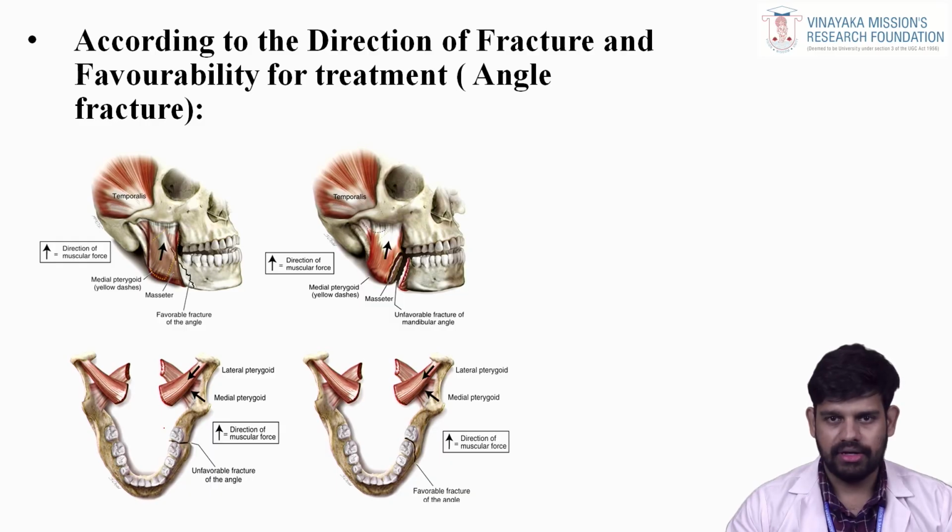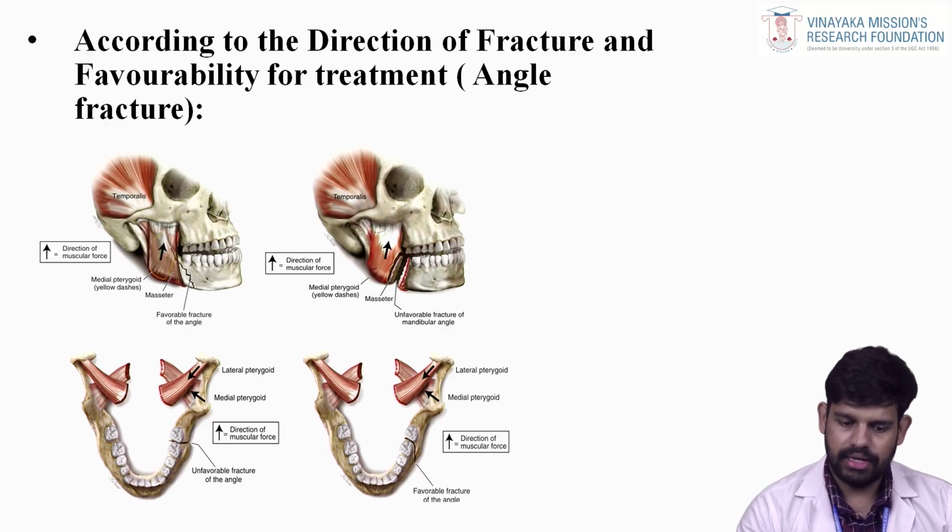It can be horizontally favorable or unfavorable, and vertically favorable or unfavorable. This horizontal favorability is noted from an OPG or a CT scan. In an OPG, we have to see two-dimensionally whether the fracture line runs superiorly from the proximal side to the inferiorly distal side, or superiorly posterior and inferiorly anterior.